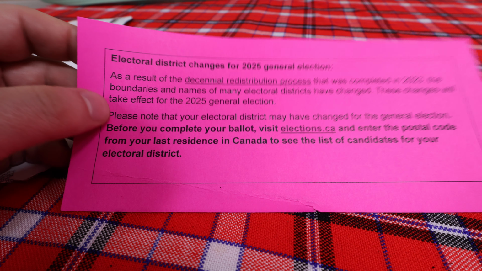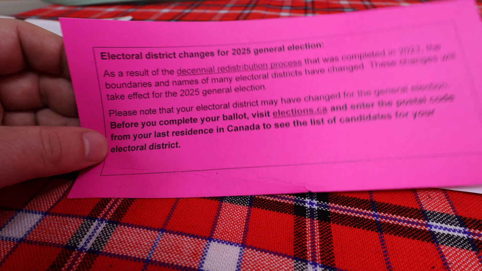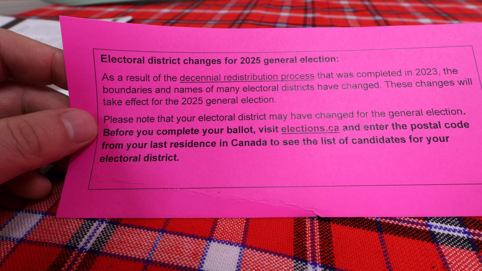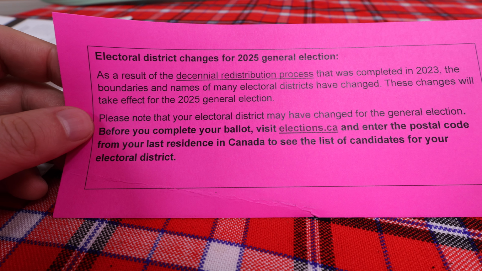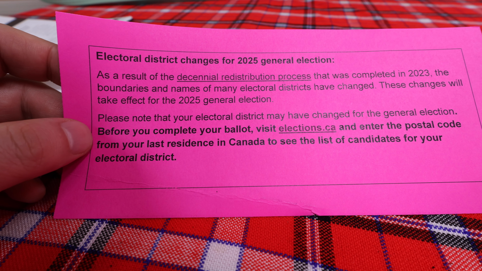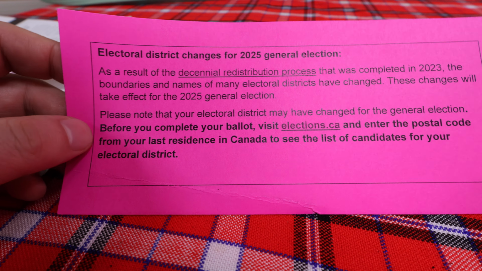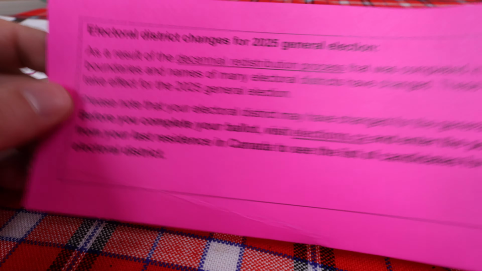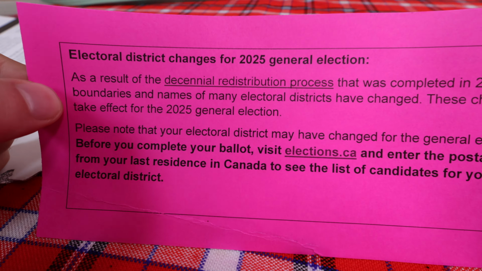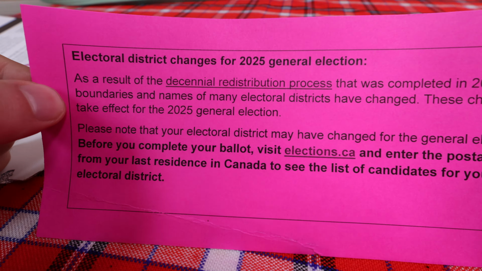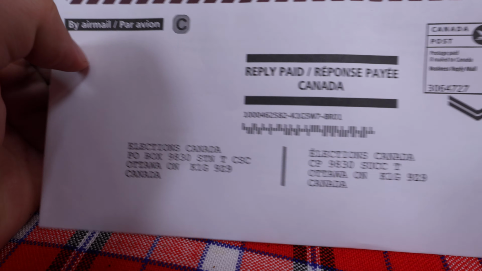American districts are, on average, about 700,000 people, and that's because they don't actually change the number of people in Congress. So as America gets bigger, those districts then have more people in them. That's how it has to work, right? So your riding may have changed, so they say go check it to make sure that you're actually voting in the right place.